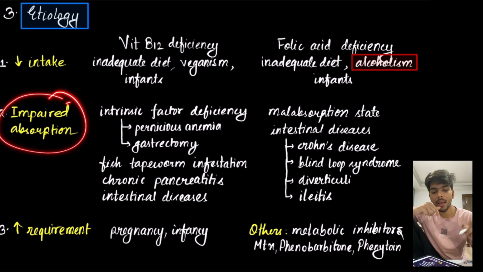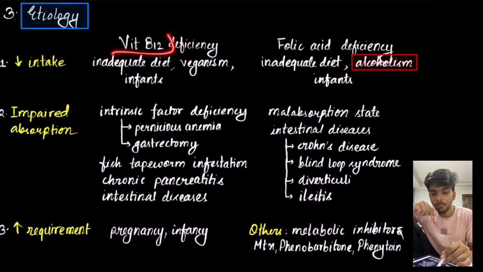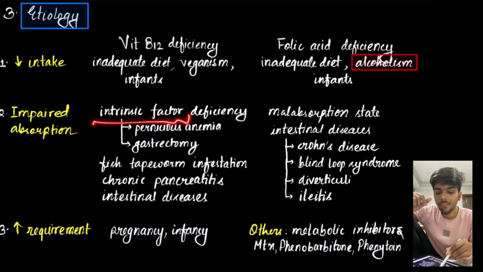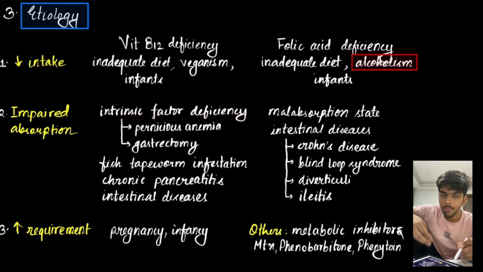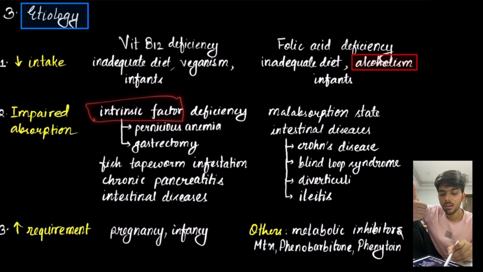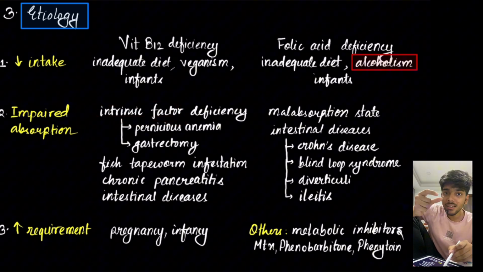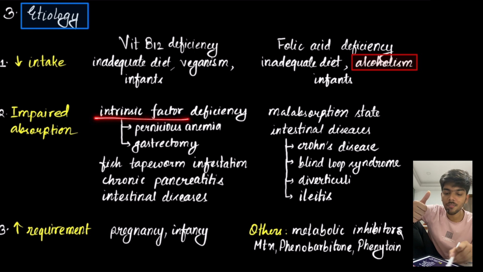Then there's impaired absorption. For vitamin B12, what's required for absorption? Intrinsic factor is required for absorption. So if there is deficiency of intrinsic factor, vitamin B12 will not get absorbed and we will have deficiency of vitamin B12. There are two ways intrinsic factor can go deficient. Number one, if your parietal cells become defective, intrinsic factor is not released, and this leads to anemia called pernicious anemia.